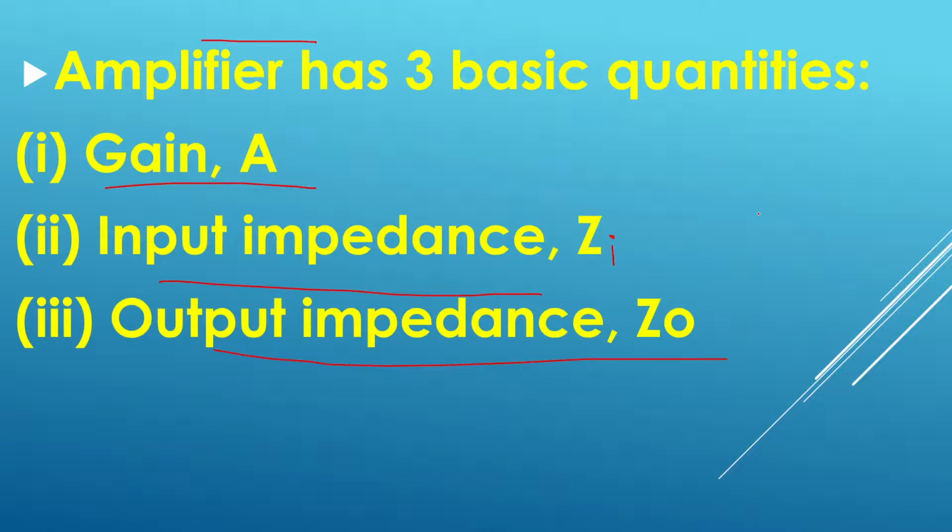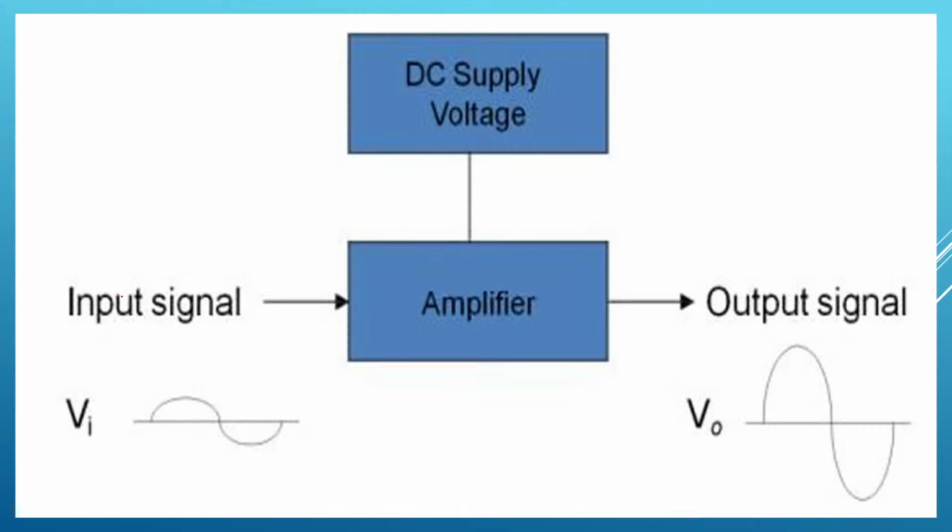So what is meant by gain? Gain of a small signal amplifier is the amount by which the amplifier amplifies the given input signal. When input is given, output is to be produced. So how much amplification takes place?